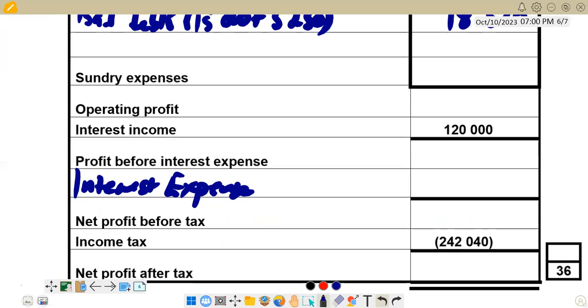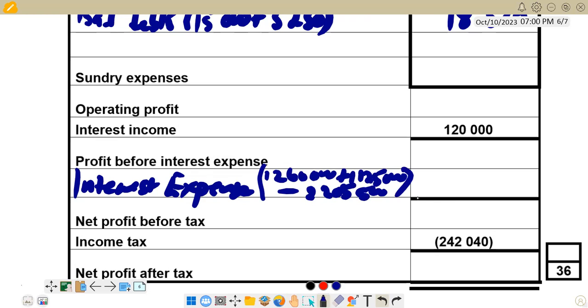For interest here, let's just summarize the figure. The formula that we wrote there is 1,260,000, then we add the repayments, which is 1,125,000, then we subtract the opening balance, which was 2,205,500.